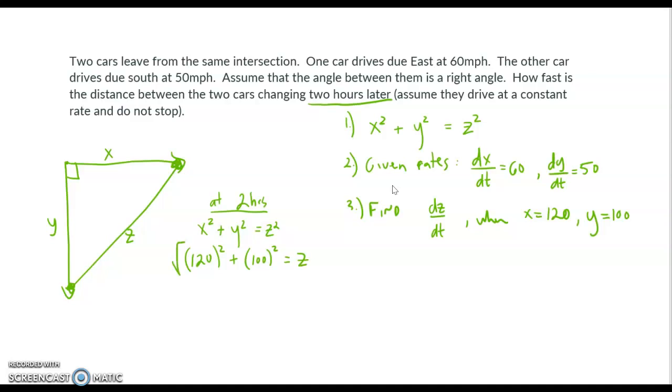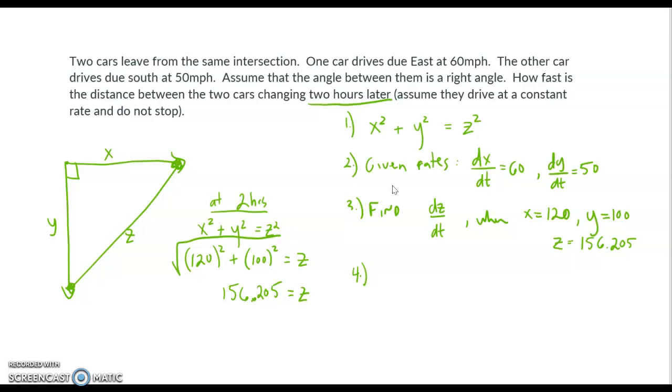Take the square root, and if I plug that into my calculator, I should get 156.205 miles. Okay, so when x is 120 and y is 100, the distance between the two cars directly would be 156.205. All right, so now we're finally ready to do the calculus.